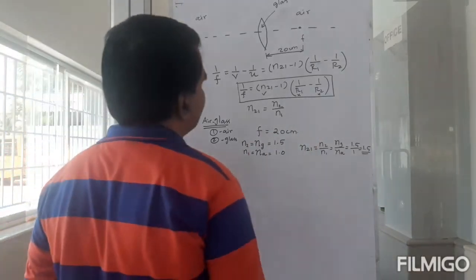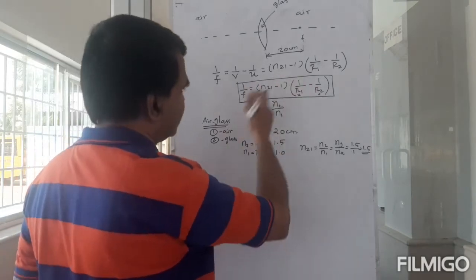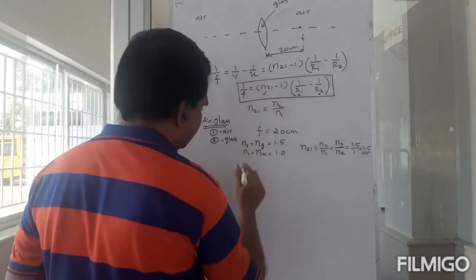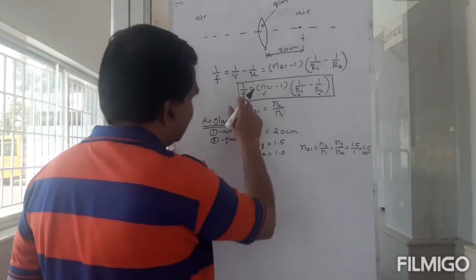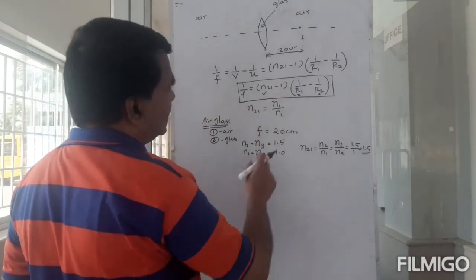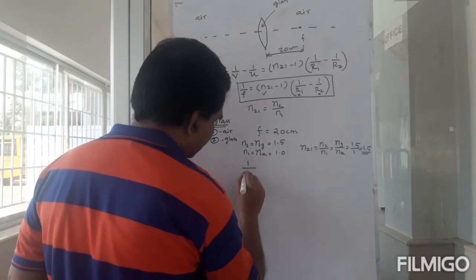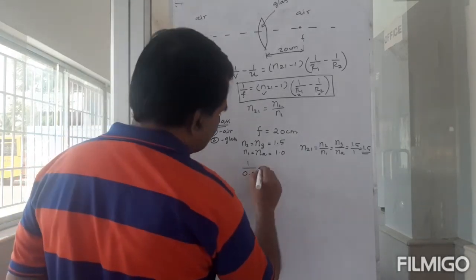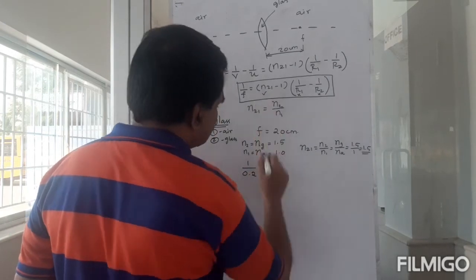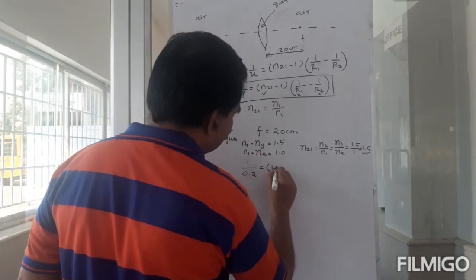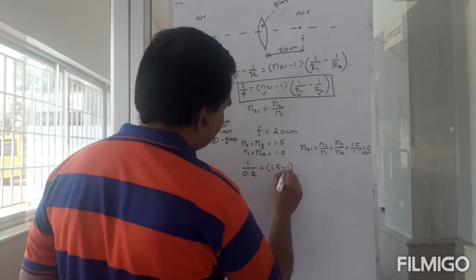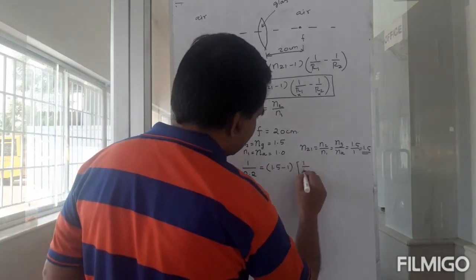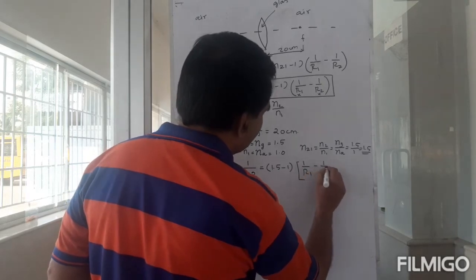So you got that. Now you have some numbers, right? So let me take this equation. It's going to be 1 by F. F is 20 centimeters, which I'm going to write as 0.2 meters, and that is equal to 1.5 minus 1 into something. I don't know R1 and I don't know R2.